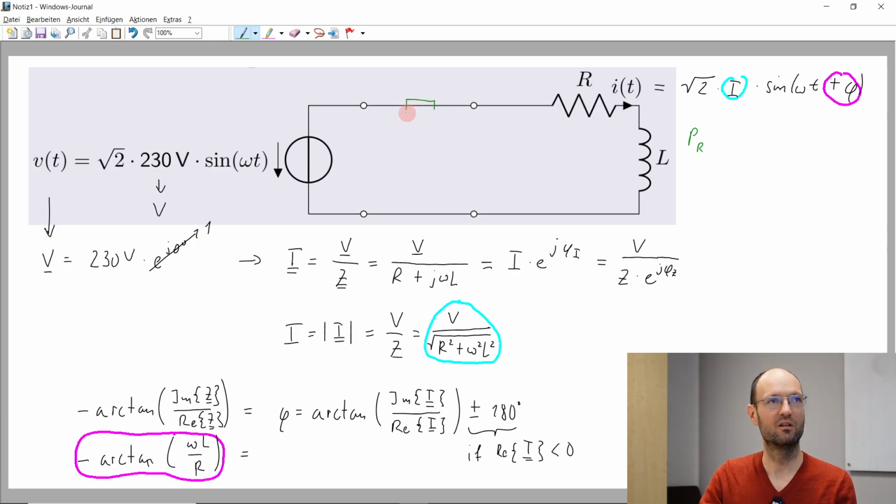So if we calculate the power that is dissipated inside this resistance, what formulas could we use? We could use voltage times current, so we would need the voltage drop across this resistance.